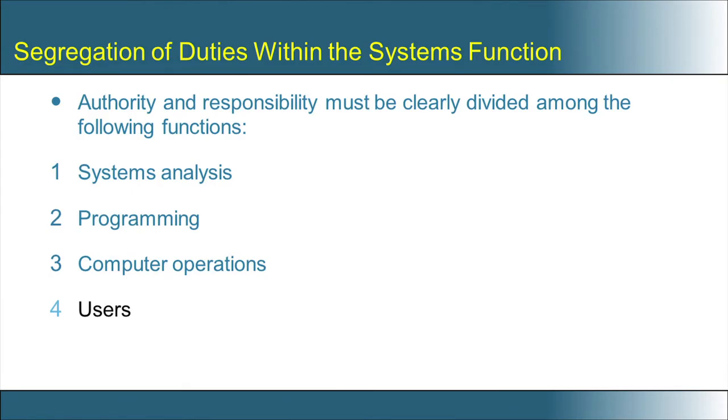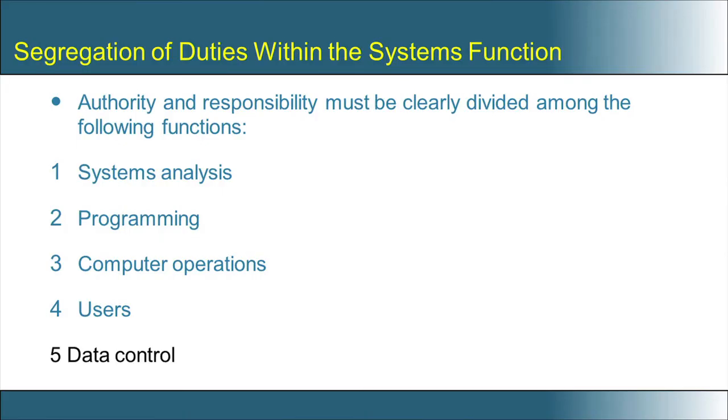So they are maintaining the computer center, the hardware, the software, the AMCs, etc. Then there are users. These users can be outside the organization, namely the customers, and in the case of banking institutions, they can be the staff at the branches.